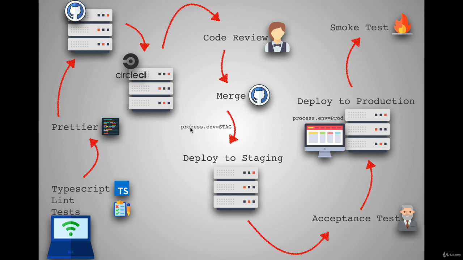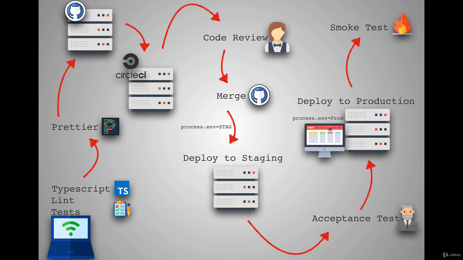We can add a process.env equals staging environmental variable, and we can have some if statements in our code base that say, if this is staging, maybe test the speed of our app, how much CPU we're using, if it's connecting to the database properly. You want to mimic the staging as much as you can with production, such as having similar databases, similar information.